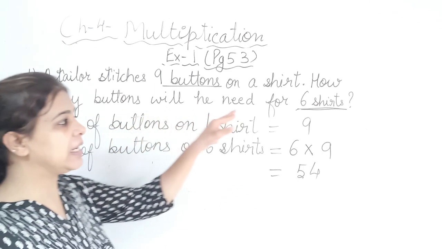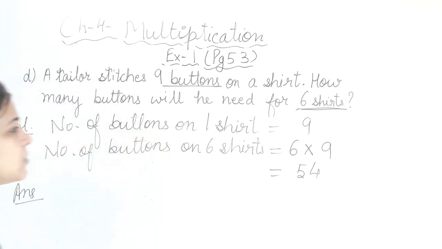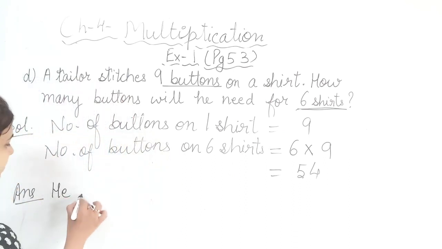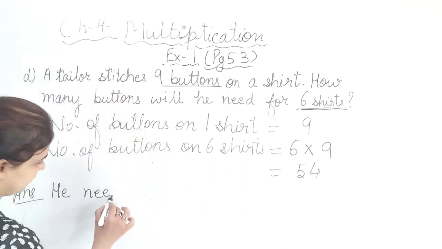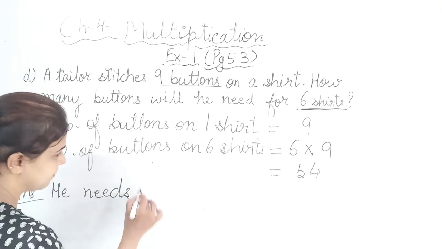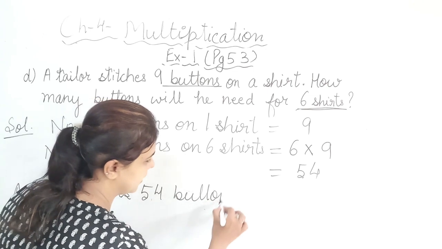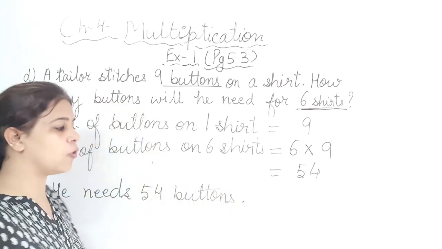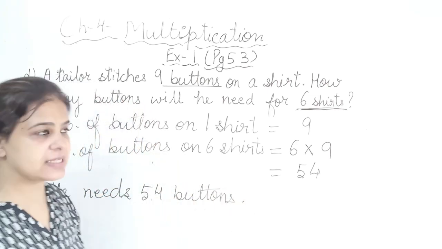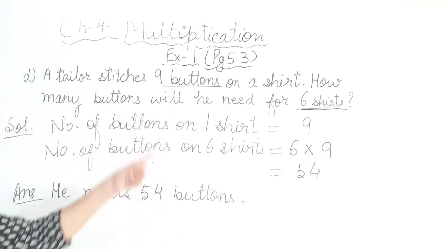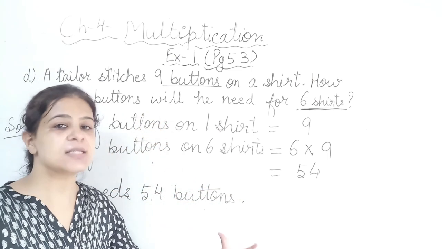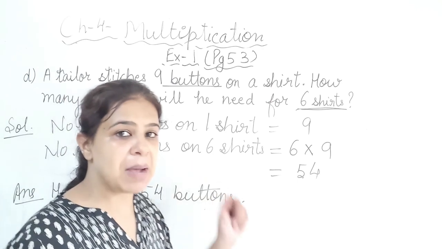How many buttons will he need for 6 shirts? He needs 54 buttons. So children, in this way you all will do all these story sums in your maths notebook.